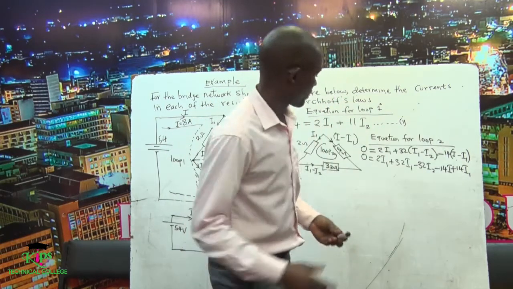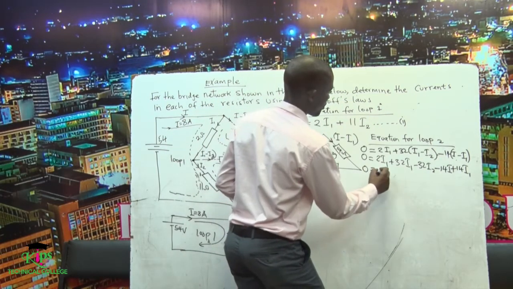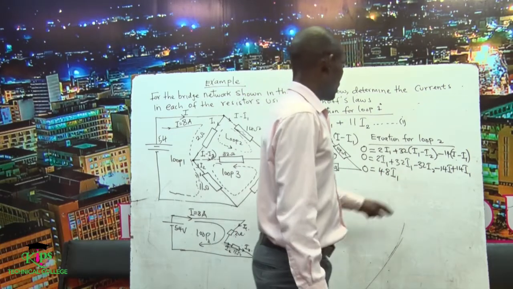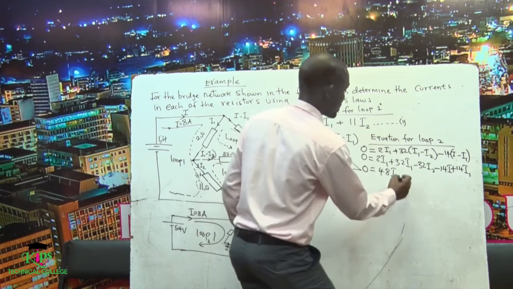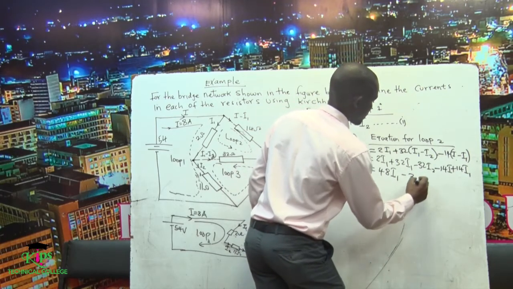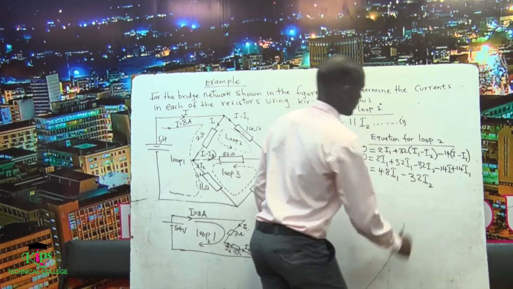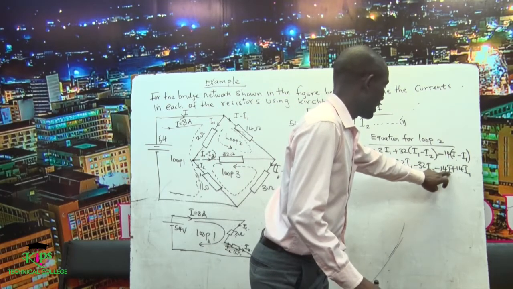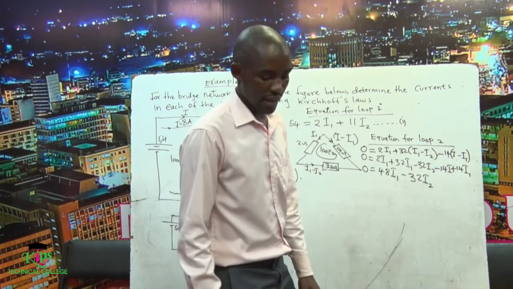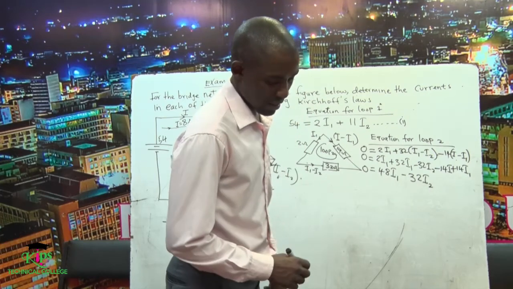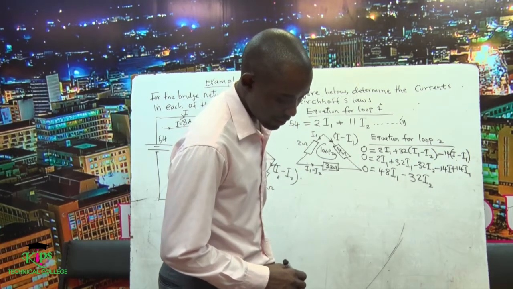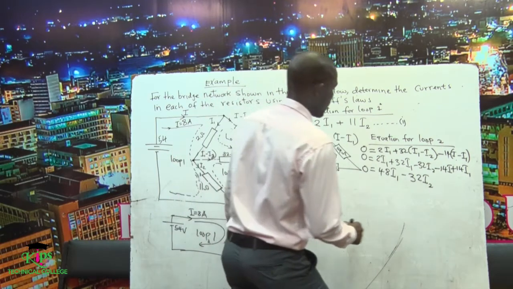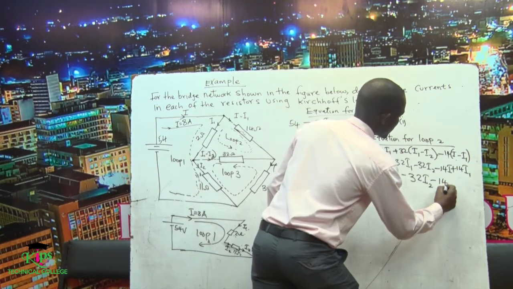So this becomes 0 is equal to 48 I1. What about this other one? This one becomes minus 32 I2. And then we are also having an I there, the total current. So this becomes minus 14I.